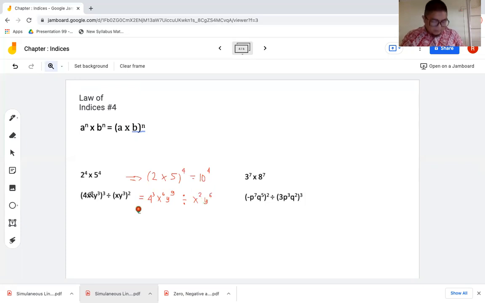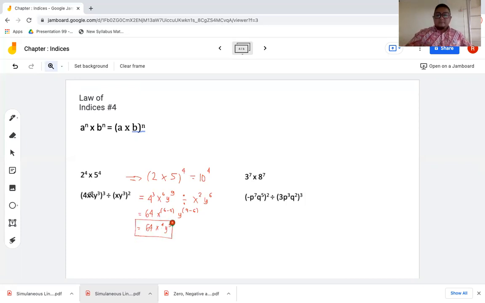Okay, so we know that 4 raised to the third power will give us 64. And then the x will now have a calculation of 6 minus 2, and the y will now have a calculation of 9 minus 6. So this gives us 64, x raised to 4, y cubed.